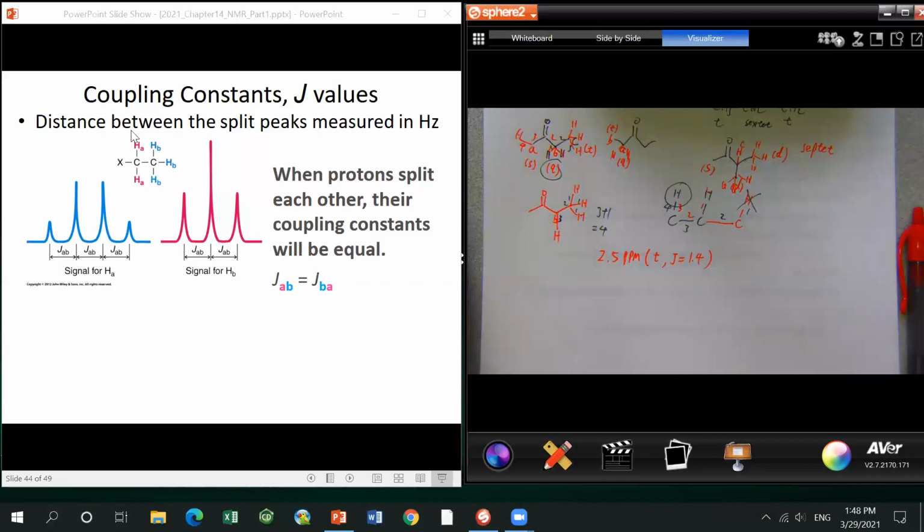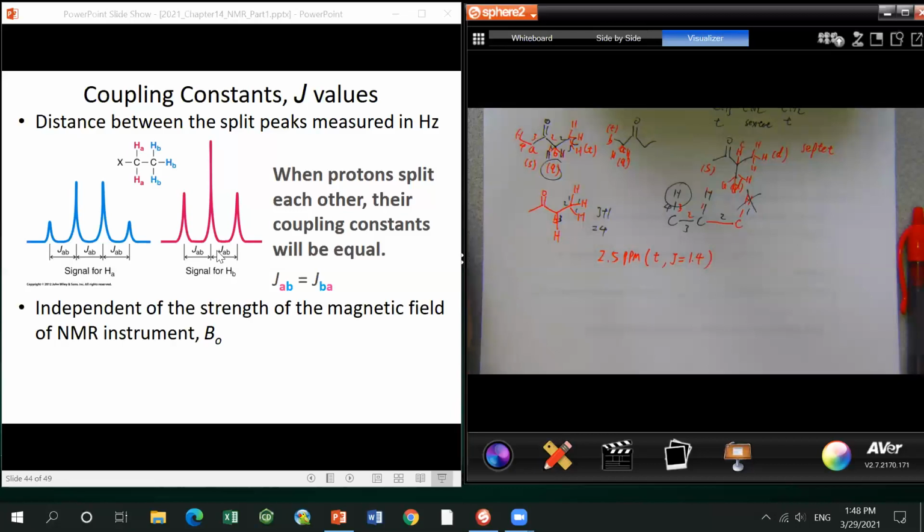For example, HA will couple to HB. HA is a quartet, and HB is a triplet, and the J value will be the same. After splitting, the coupling constants will be equal, because they have the same constant.